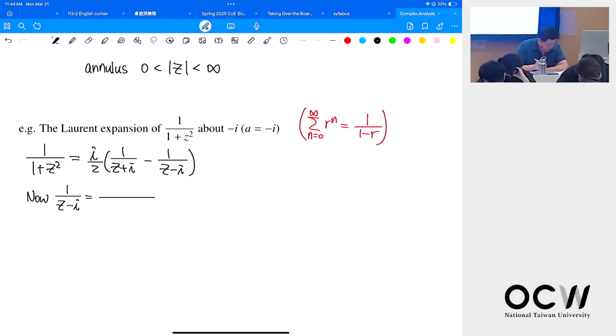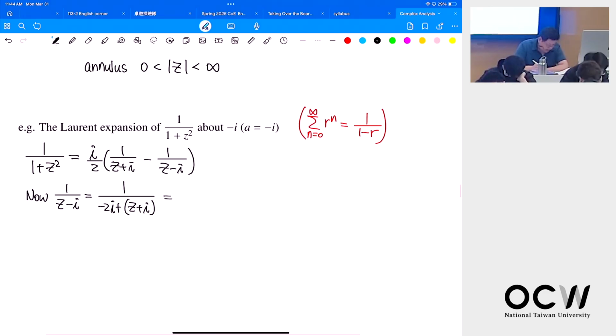And also this is the expansion about a equals minus I, so z plus I equals 0. Then that is the expansion about minus I. So we need minus 2I to compensate.